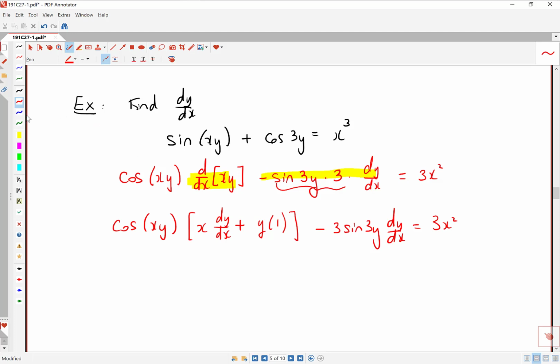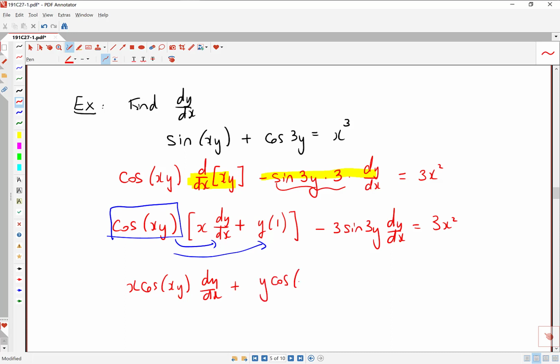So that means expanding out, we're going to multiply cos of xy with this term and then with that term, and that way we'll be able to separate all the dy by dx terms from the other terms. So we're going to have x cos of xy times dy by dx, and then plus y cos of xy minus 3 sine of 3y dy by dx equals 3x squared.